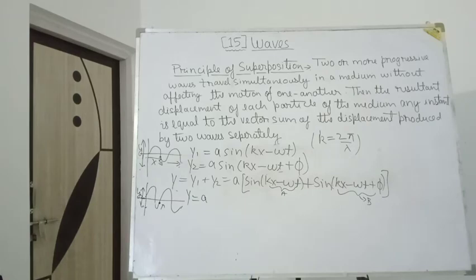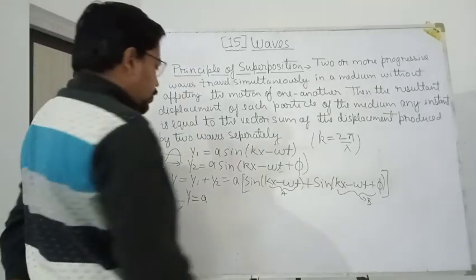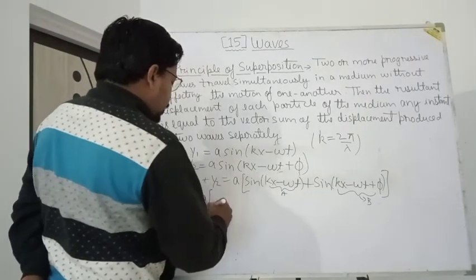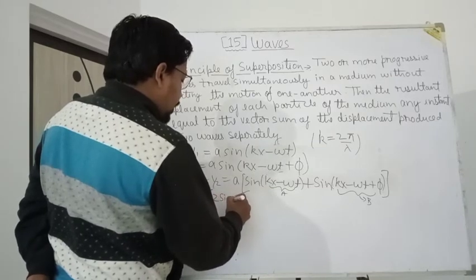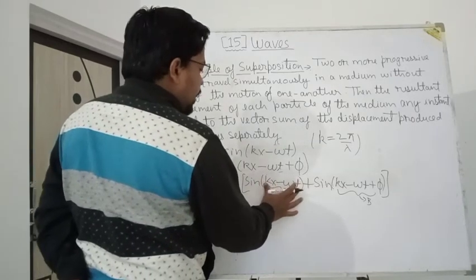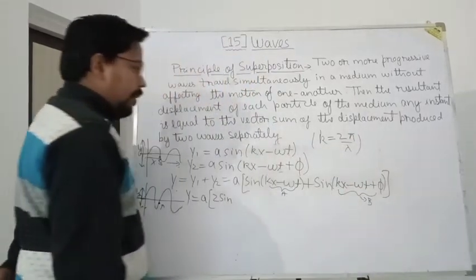So let's use it. This will be giving 2 sin(A plus B), that means this entire quantity will be added to this entire quantity.